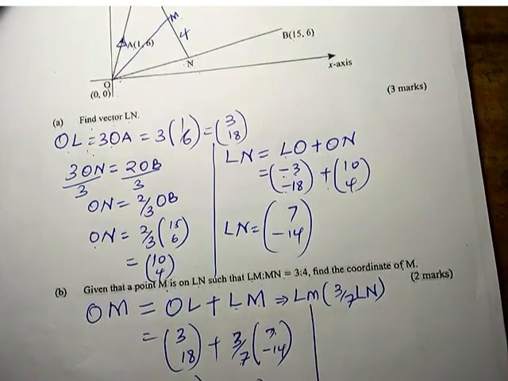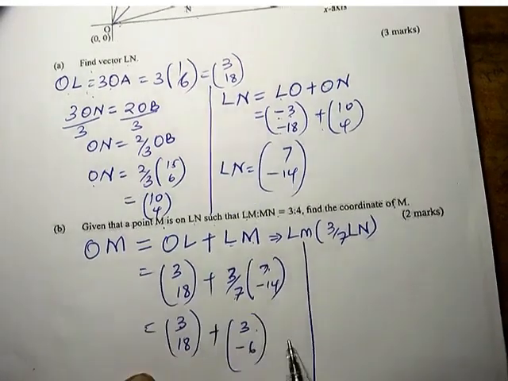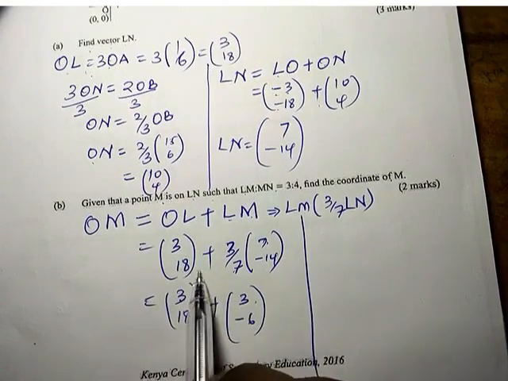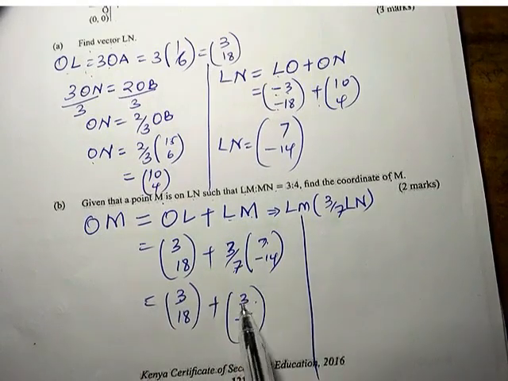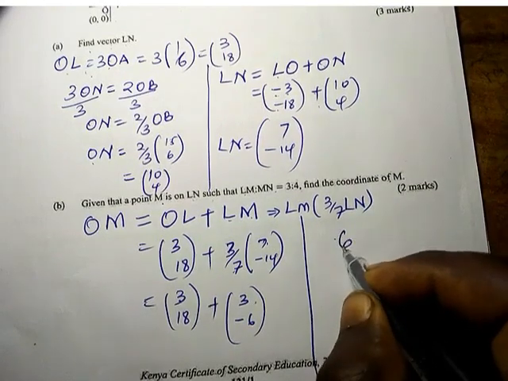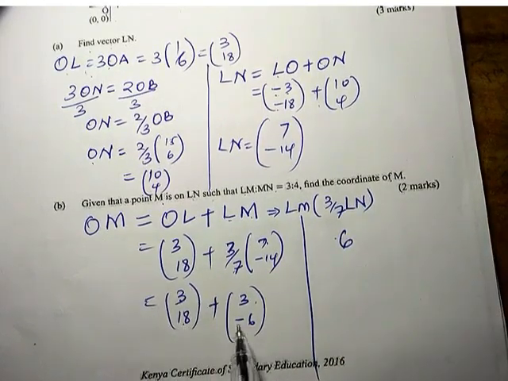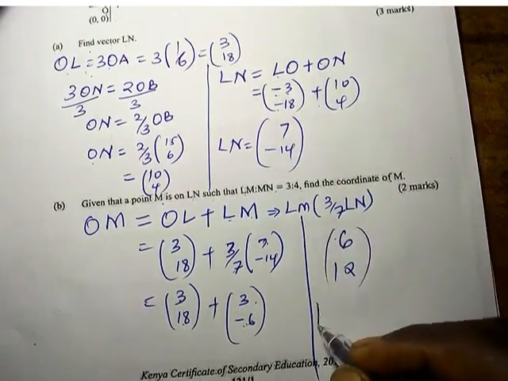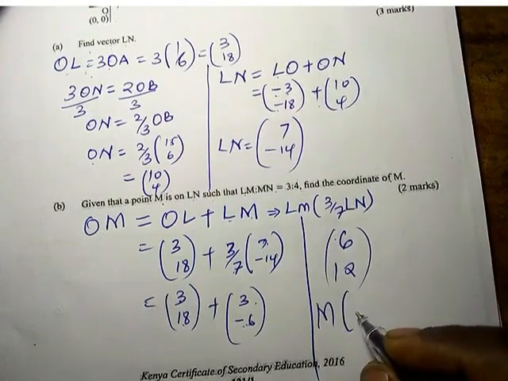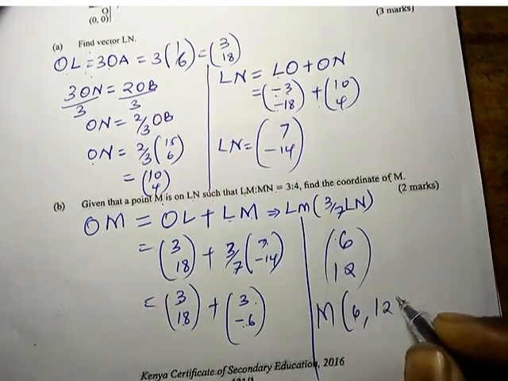So finally, 3 plus 3, we are going to have 6. 18 minus 6 is 12. So M is equal to (6, 12).